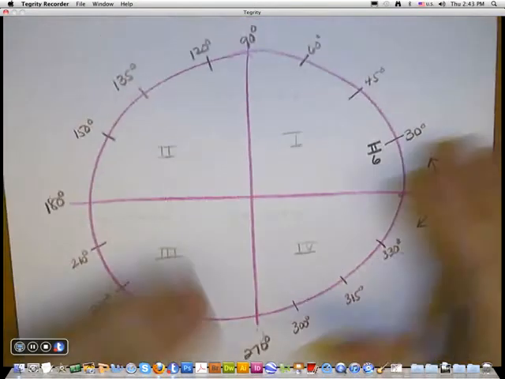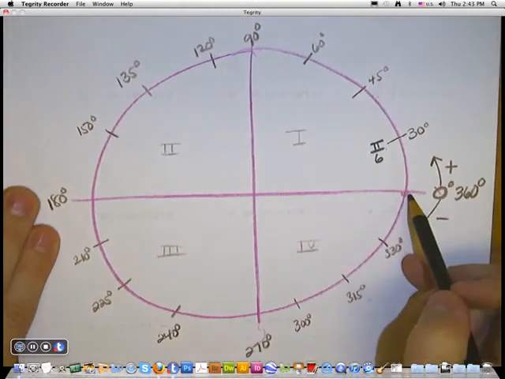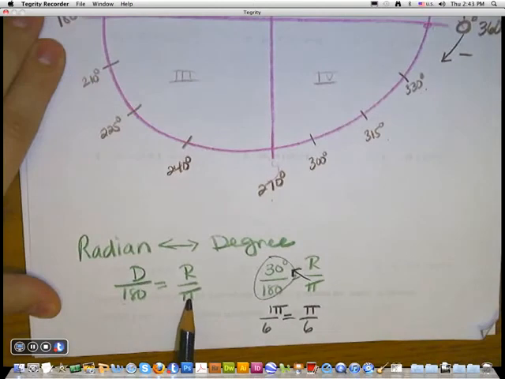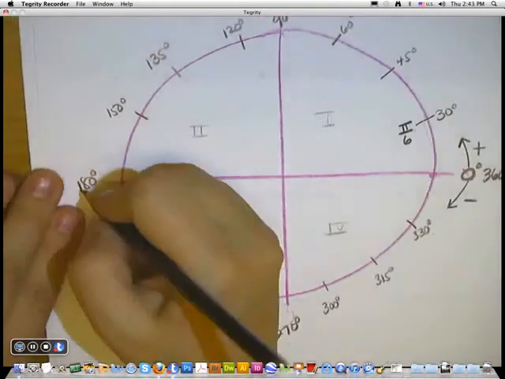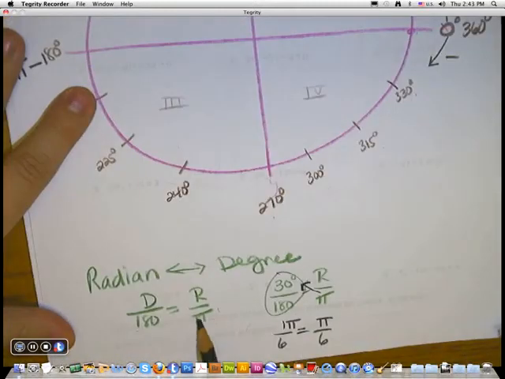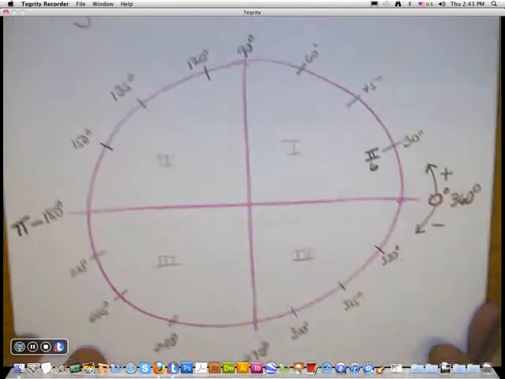Now let's look at how that relates actually to the circle here. If 30, and we're comparing 180 to pi. Here's a kicker. 180 is pi. That's how you get this relationship. 180 must be pi if I'm going to compare degrees and radians. And it is. 180 is to pi.